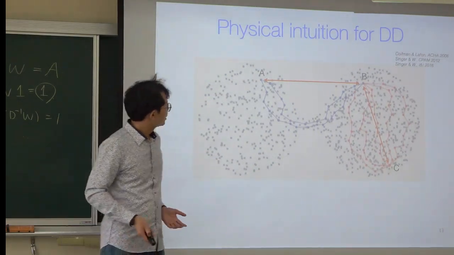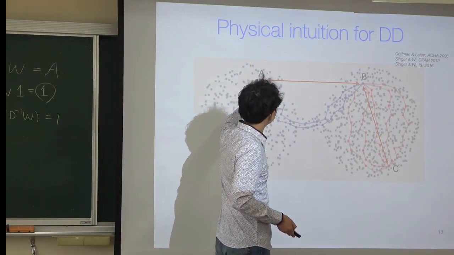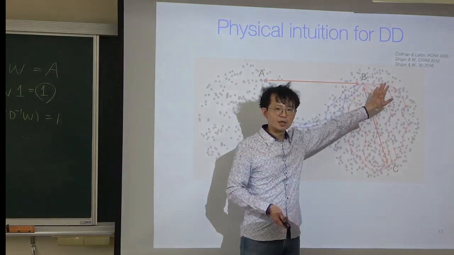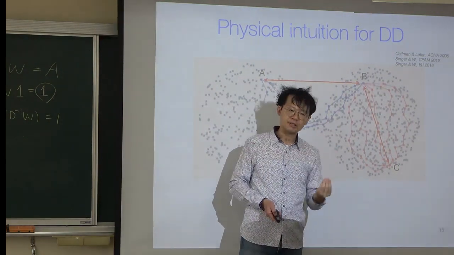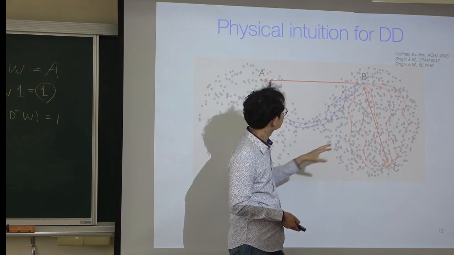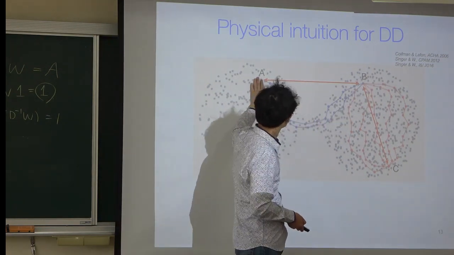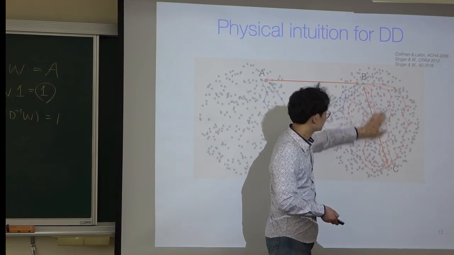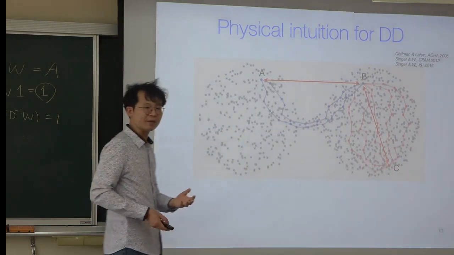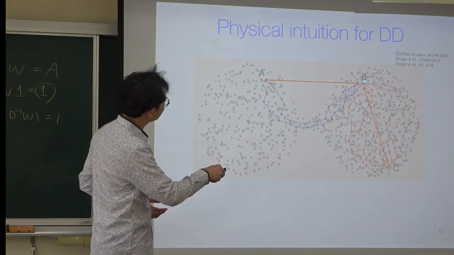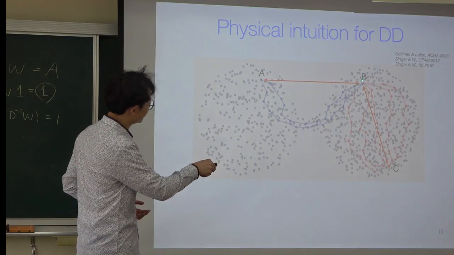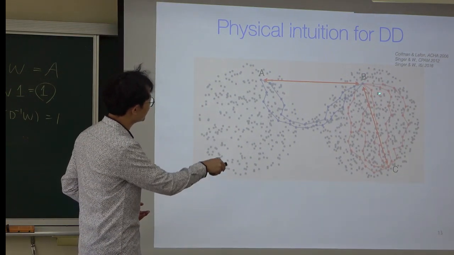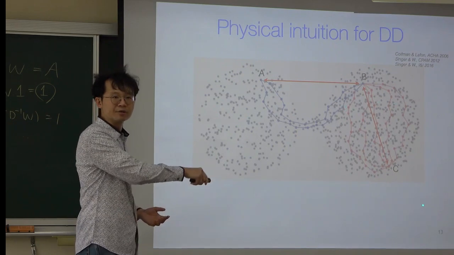But if you pay attention to the diffusion distance, in the sense of how difficult it is to diffuse from B to A and from B to C, then you can see it is very easy to diffuse from B to C because there are so many different paths you can take.